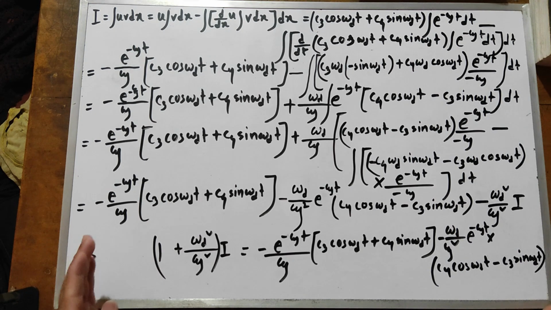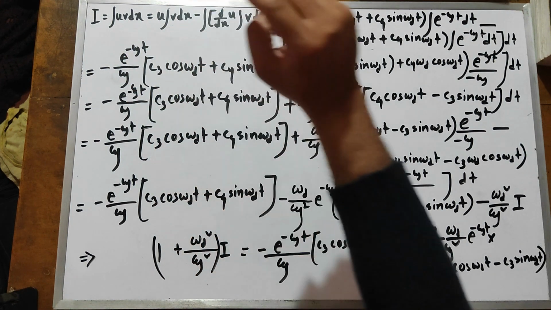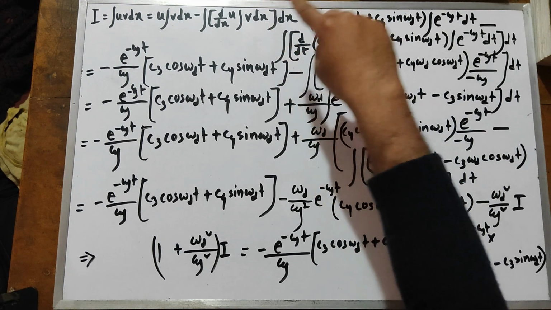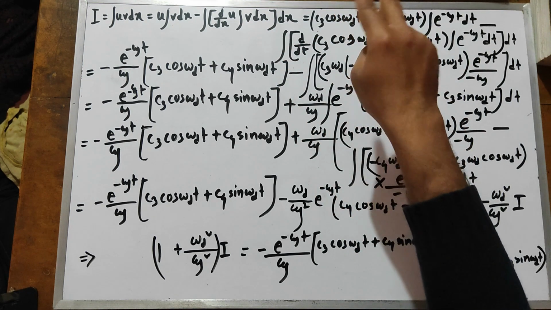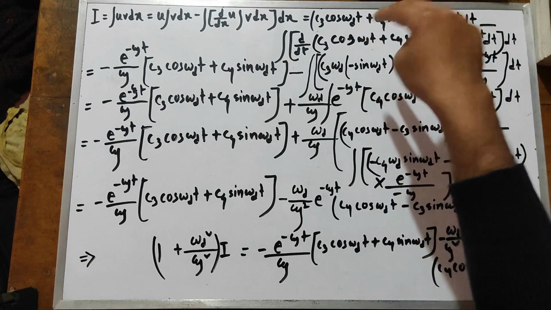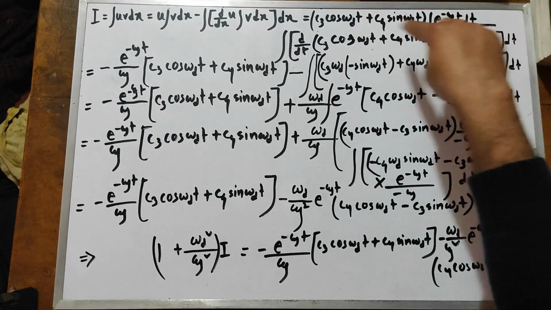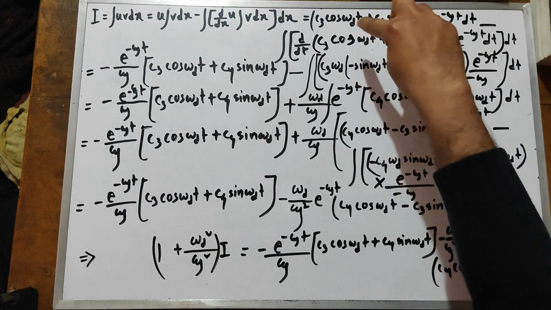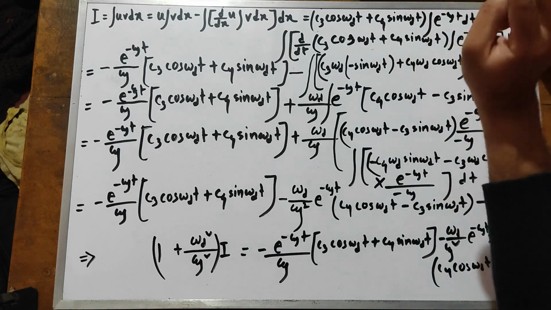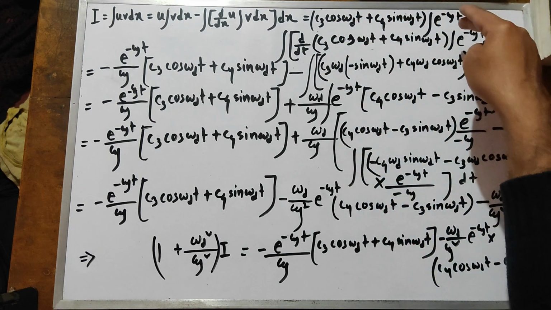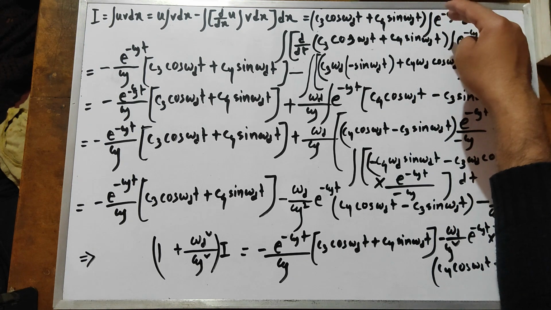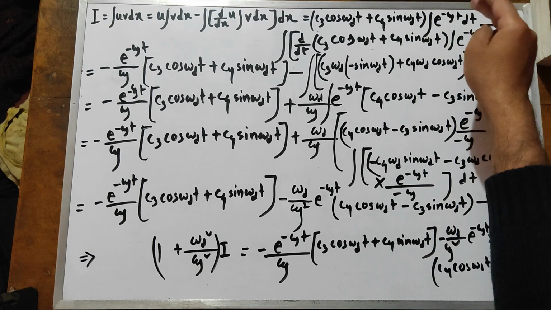So I have done the integration. This is very long, and I haven't made any mistakes. Long story short, I have applied this formula. When I substituted for the assumed terms, u is this whole term c3 cos omega dt plus c4 sin omega dt, and v is the exponential e to the power minus zeta t.